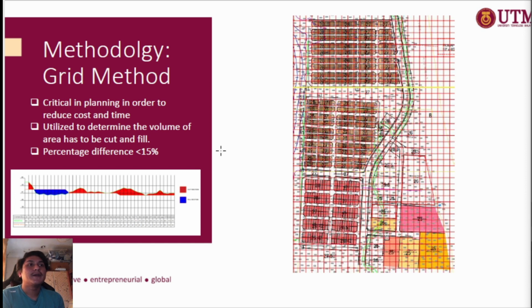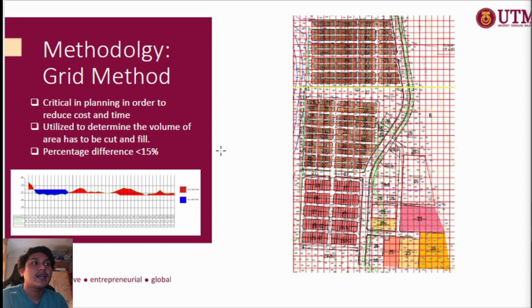Basically, the grid method is the critical part in planning in order to reduce cost and time. We use 25 meter times 25 meter to create the topographical map. We have to make sure that the percentage difference between the cut and fill is not more than 50%.